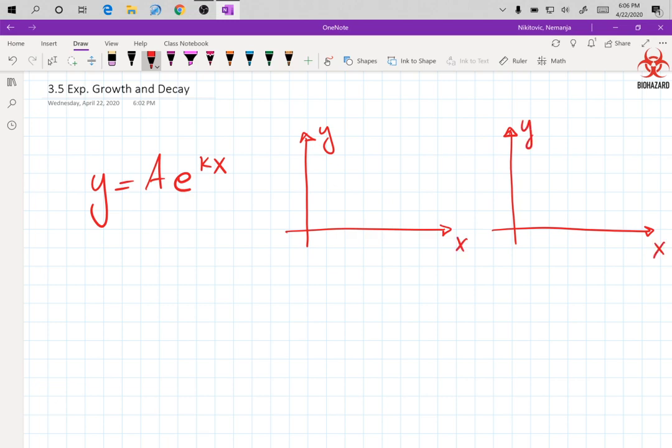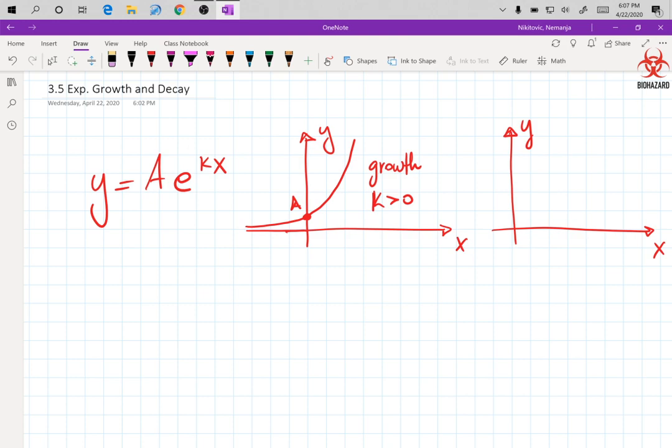And on the first one here, we are going to have this, which will go through value a. And this is what we will call growth, because you see that the function is increasing. It goes up to infinity. And we are going to say that happens when your k is positive. This k right here.